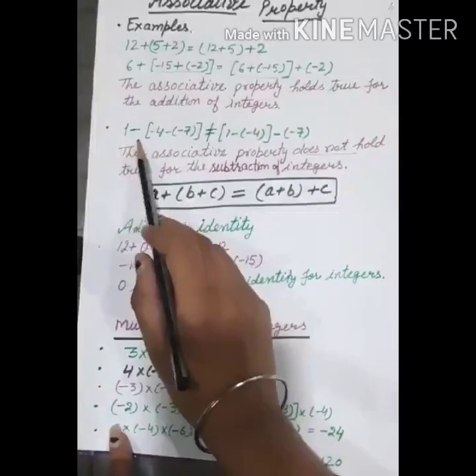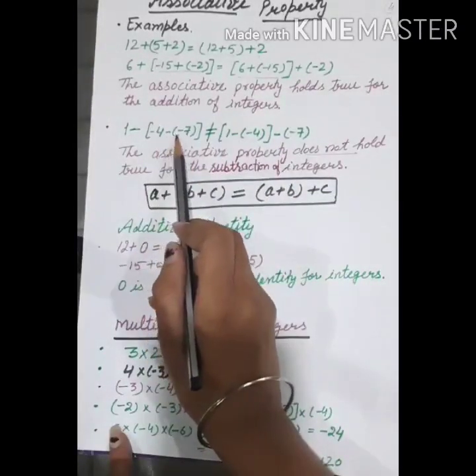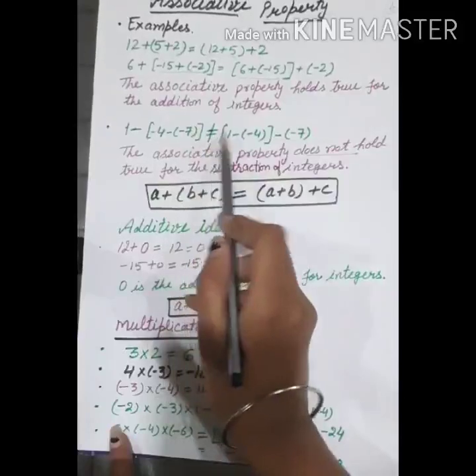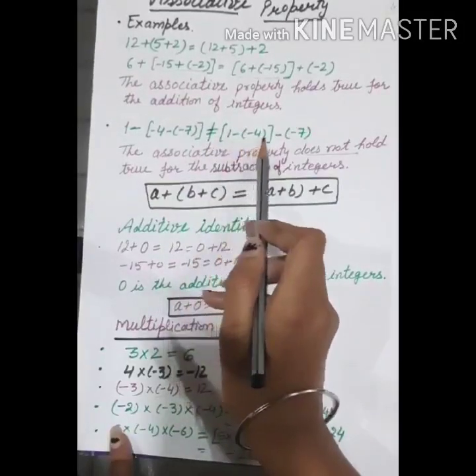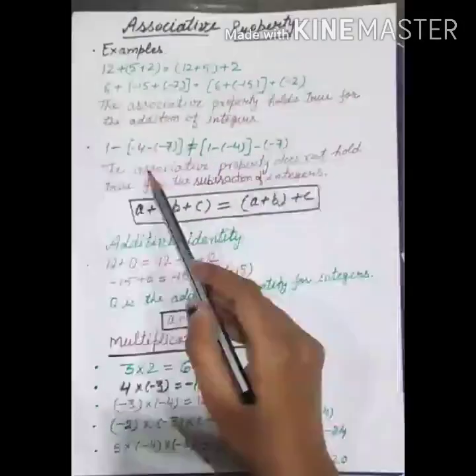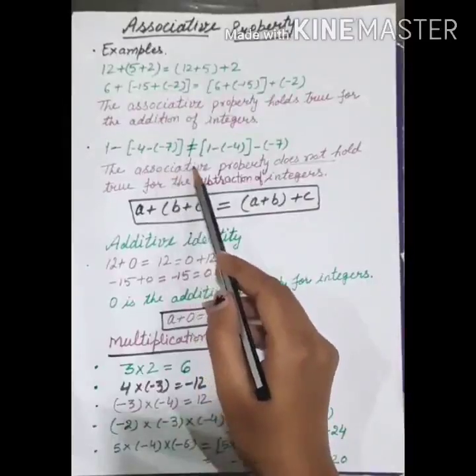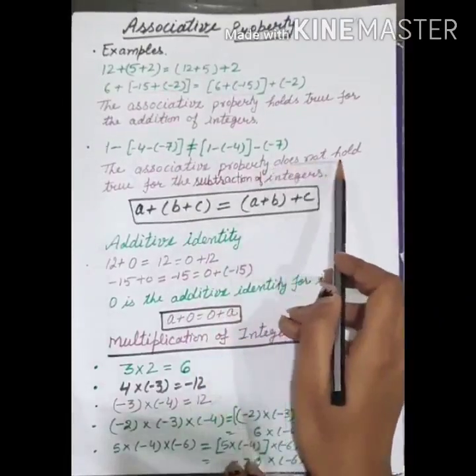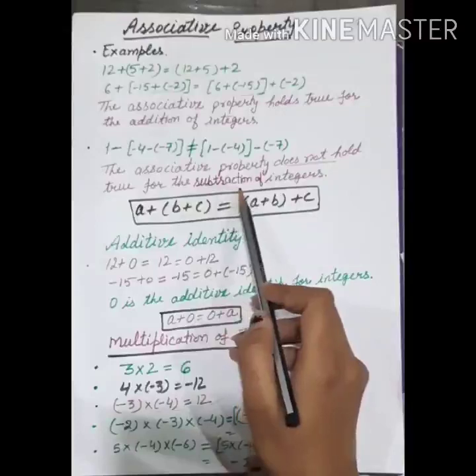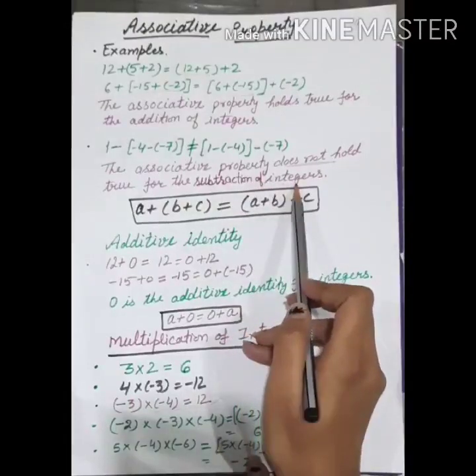Next, (1 minus -4) minus -7 is not equal to 1 minus (-4 minus -7). The associative property does not hold true for the subtraction of integers.